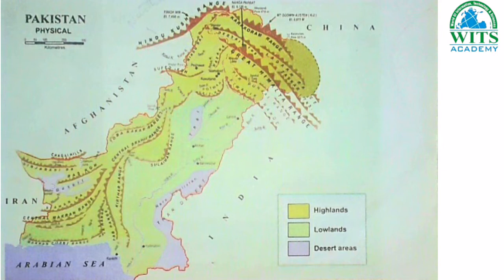Karakoram, which is also known as K2, is also located in the north and has the Karakoram Pass or Karakoram Highway. Hindukush is present in the northwest of Karakoram. Tirich Mir is the highest peak of Hindukush.